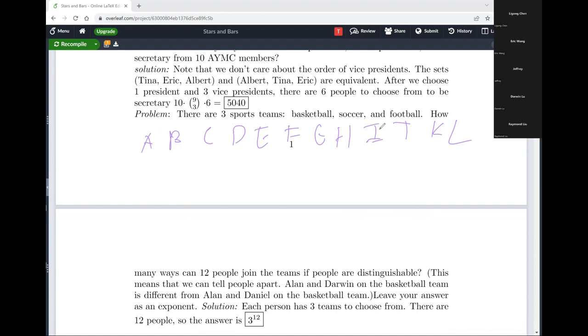Each person, so A, can either join the basketball team, the soccer team, or the football team. And person A has 3 choices. And now person B also has 3 choices, and C, and D, and it keeps going on until L. And since we have 12 people, we have 3 to the 12, which is our answer.